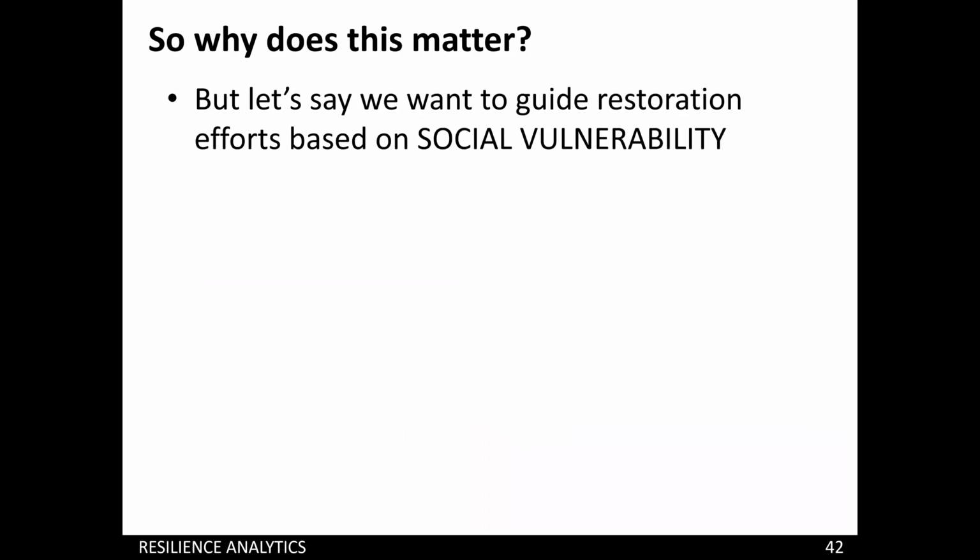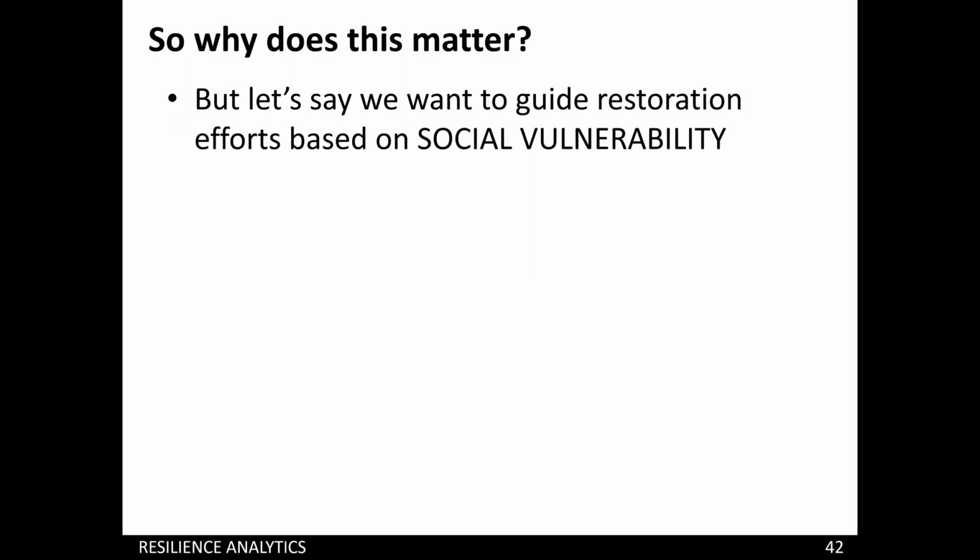But let's say we want to also account for social vulnerability. Let's say we want to make decisions about restoring these interdependent networks with social vulnerability in mind. Okay, we're not just repairing an electric power network just for the sake of making the electric power network happy. There are people who rely on that network, and certain areas might be more socially vulnerable, might be less able to withstand and adapt to that disruption.